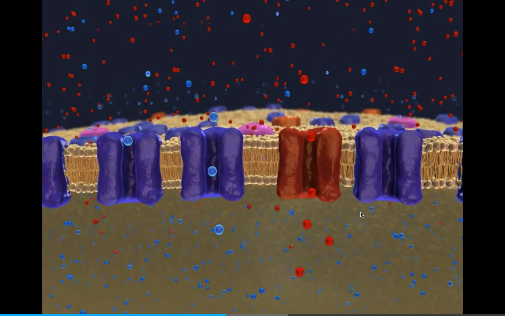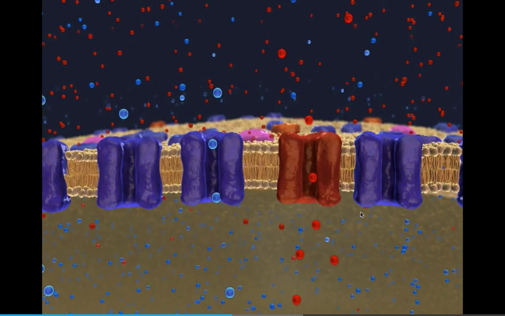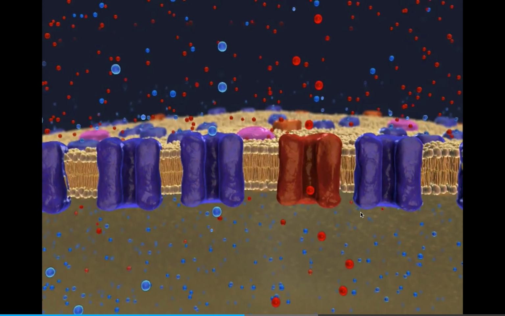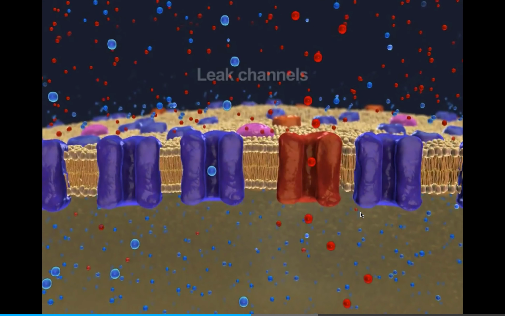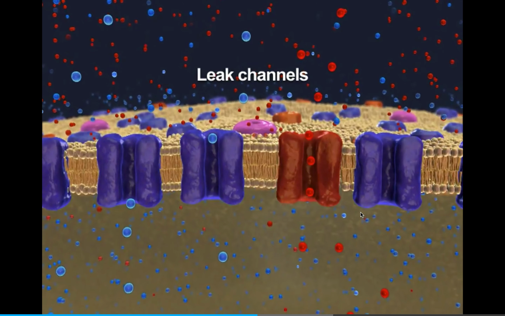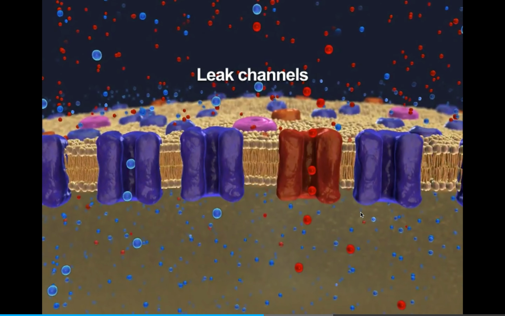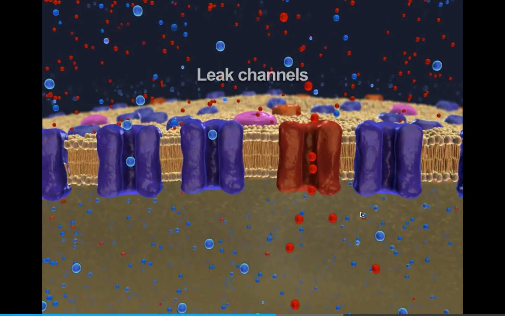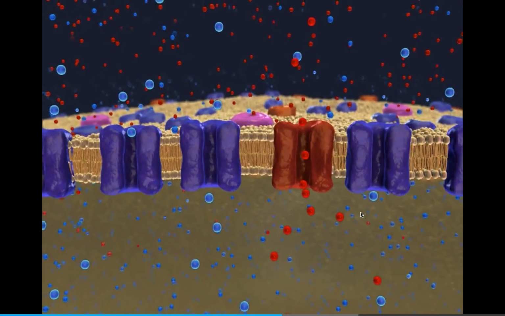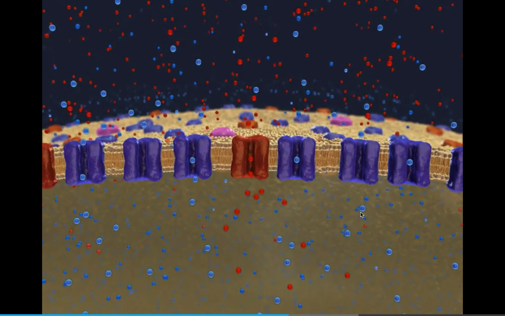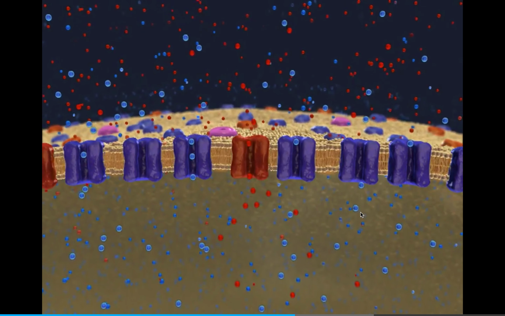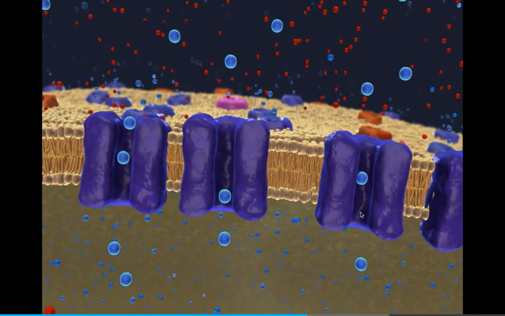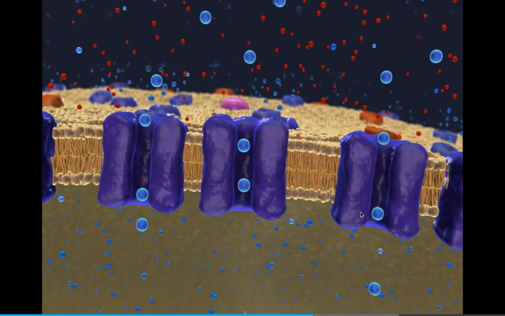Second, the resting membrane potential depends on the differential permeability of the plasma membrane to sodium and potassium ions. Leak channels in the plasma membrane allow sodium and potassium ions to diffuse, or leak, down their concentration gradients. The membrane contains many more potassium leak channels than sodium leak channels. Thus, the membrane is much more permeable, or leaky, to potassium ions.